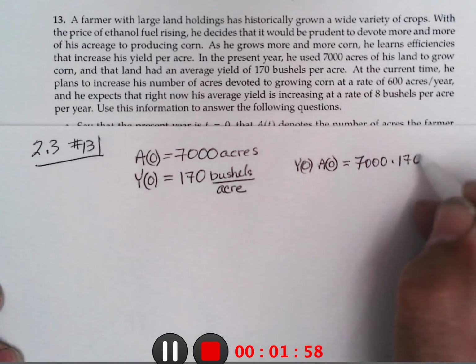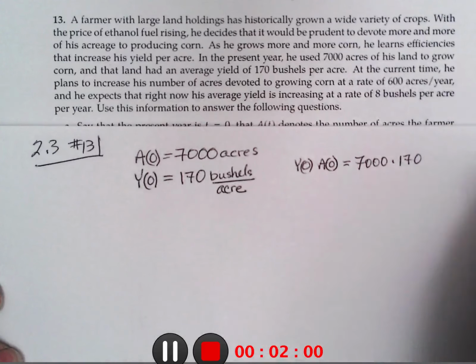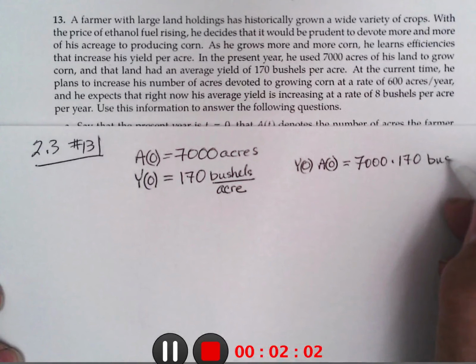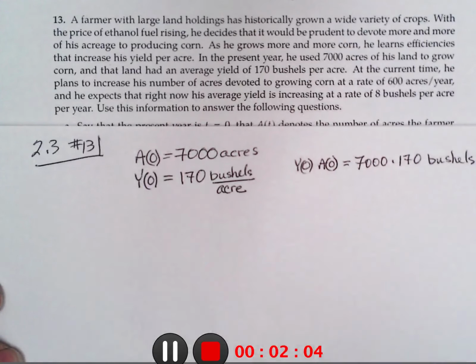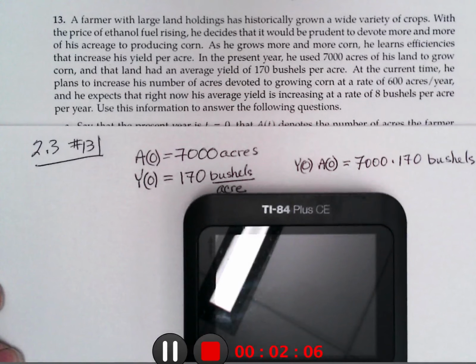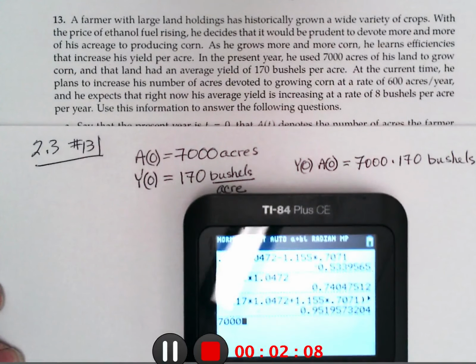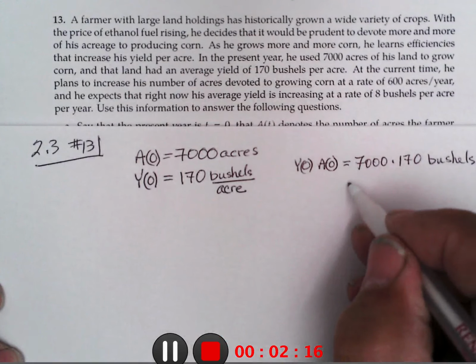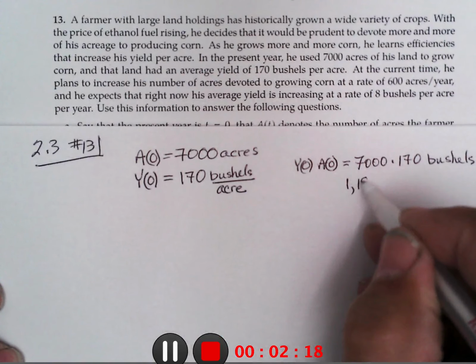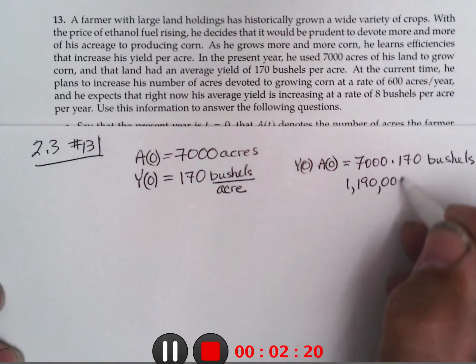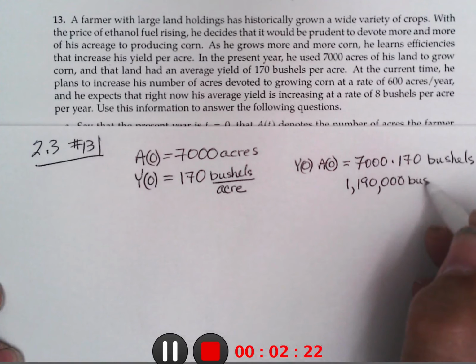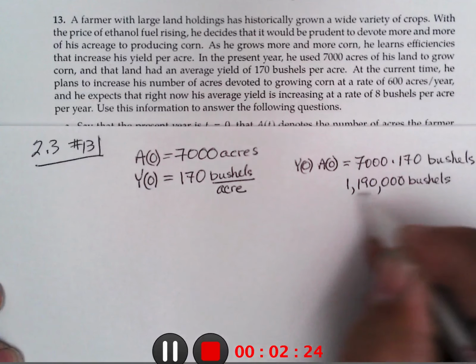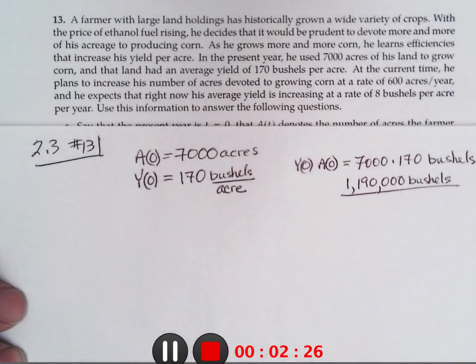The acres would cancel out and we'd get bushels, which works out to be 1,190,000. Okay? All right.